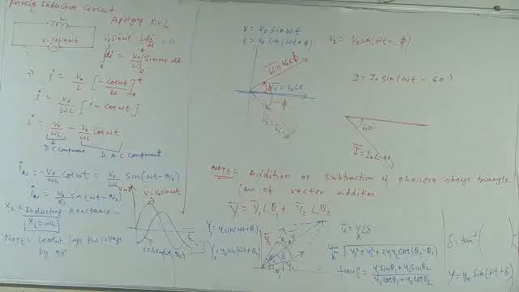V naught is the maximum voltage and V is your voltage. These are just different forms.